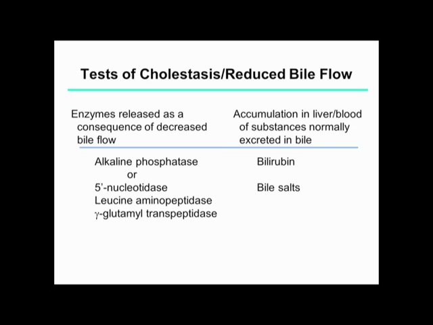If you have bile flow that has been blocked completely or almost completely, then things that are excreted in bile go up in the blood as well, and these patients get jaundiced. But that's a later phenomenon, a more severe process. Alkaline phosphatase goes up early when you have mild impact on bile formation.